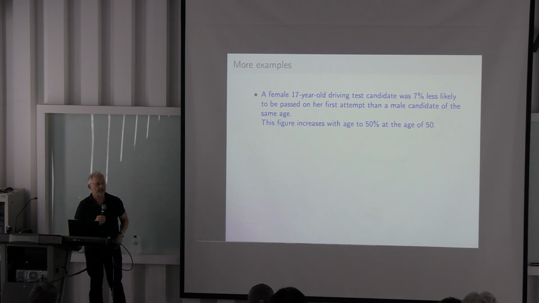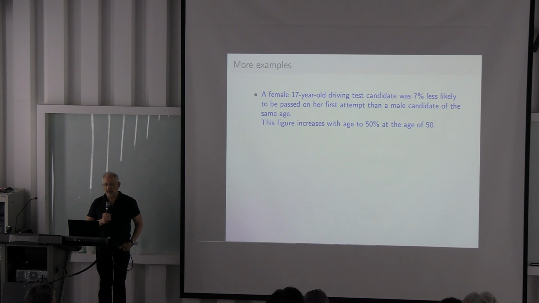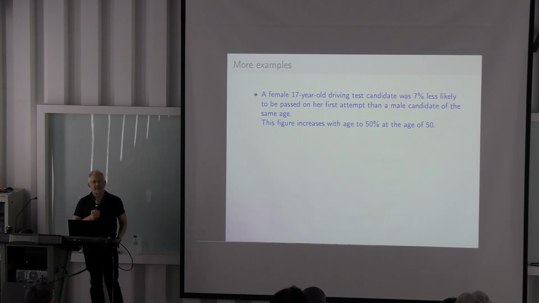Here is another case. This is data from the Ontario licensing office. A female 17-year-old driving test candidate is 7% less likely to pass the test than a male candidate of the same age.